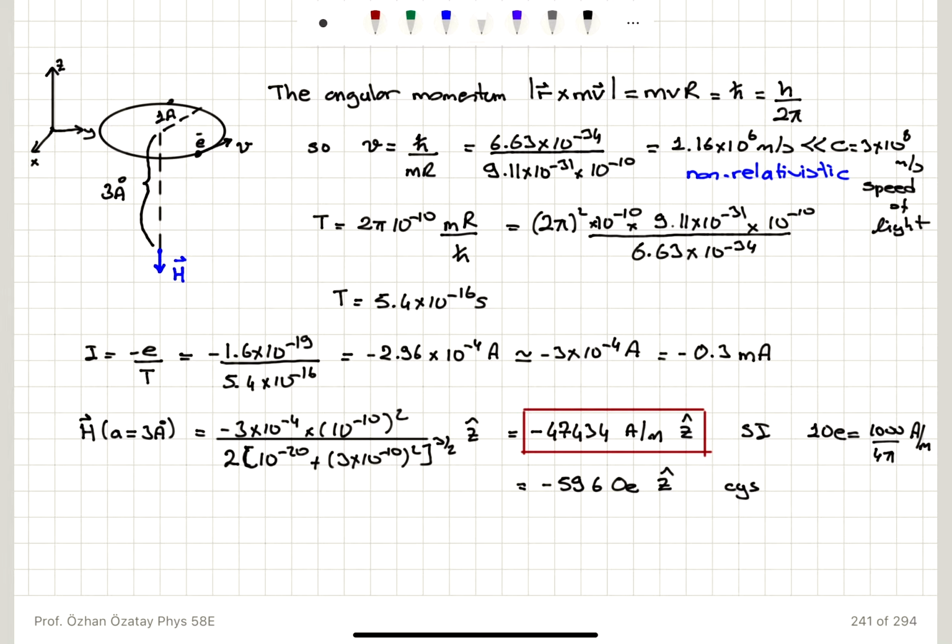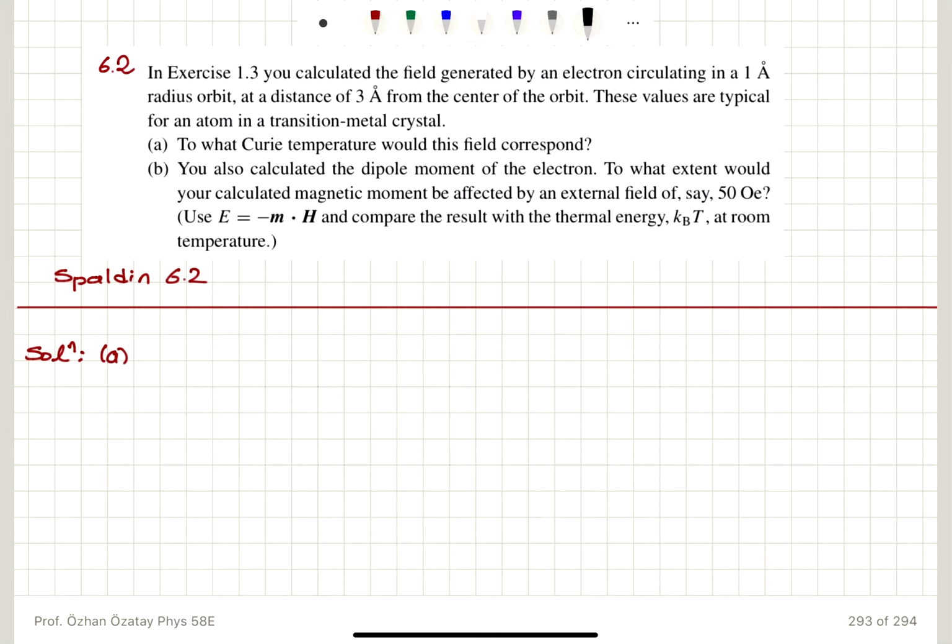Okay. So now we're basically assuming that we have a Weiss molecular field, H_W, of 47,434 ampere per meter. This is the result from exercise 1.3a.